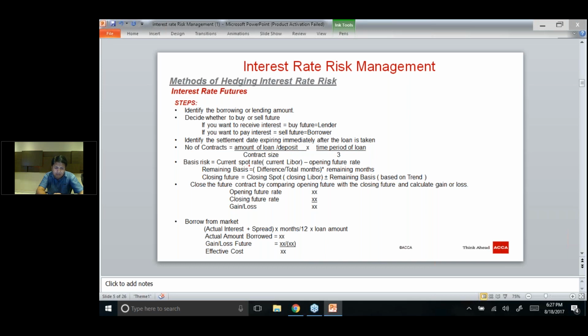Then calculate basis risk: current LIBOR minus opening future rate. Then calculate the difference of these two, difference over total months into remaining months. Closing future means closing LIBOR plus or minus remaining basis. Then compare opening future with closing future and calculate gain or loss.